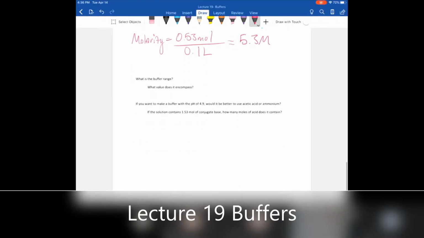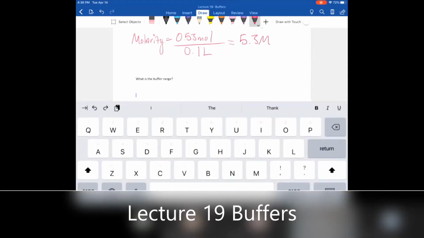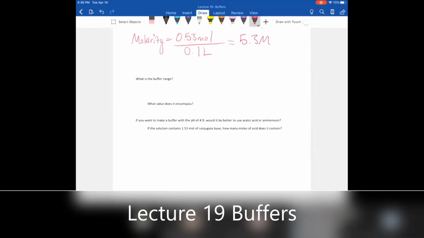So what is the buffer range? Does anybody know what your buffer range is? Yes, and incidentally, you also answered the second part. The buffer range is 1 unit greater than the pKa and 1 unit less.